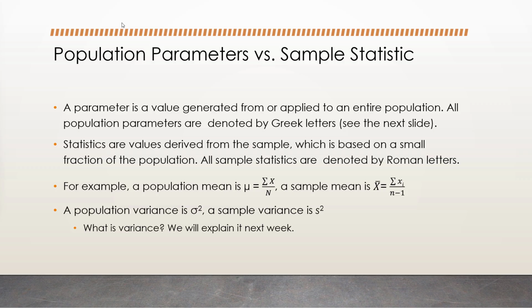For example, the sample mean is denoted by a capital letter X with a bar on top. Each parameter has a corresponding sample statistic. Later on, we'll talk about population variance, which is sigma squared, and the sample variance, S squared.